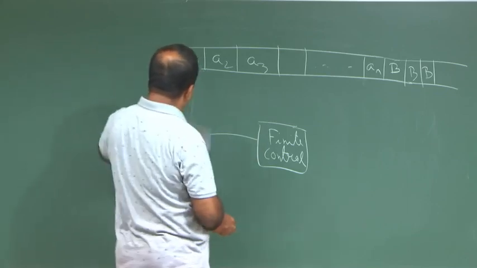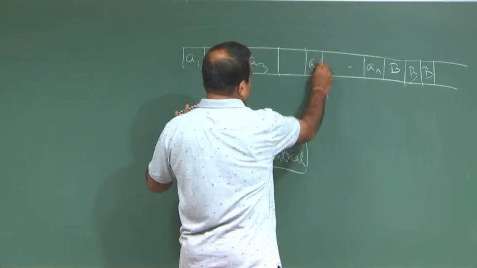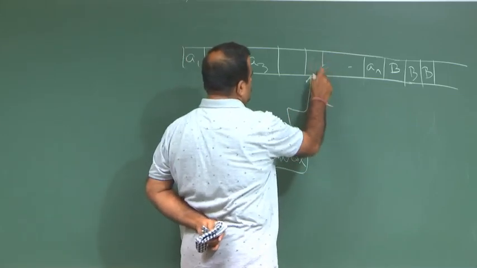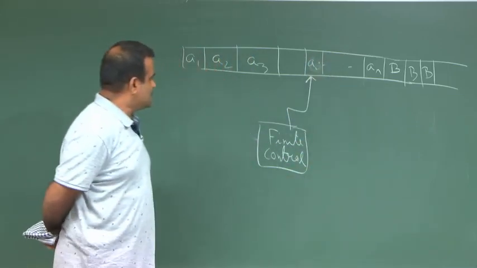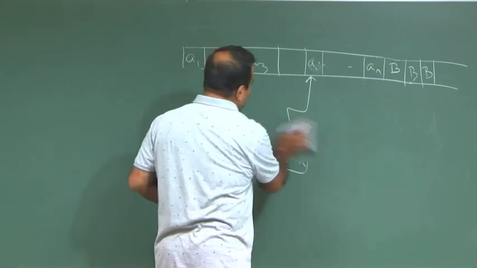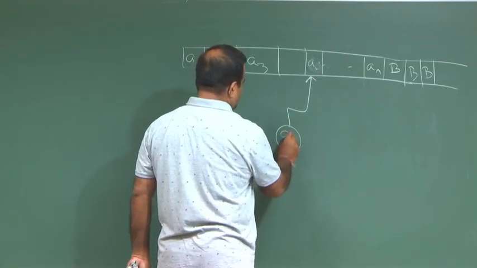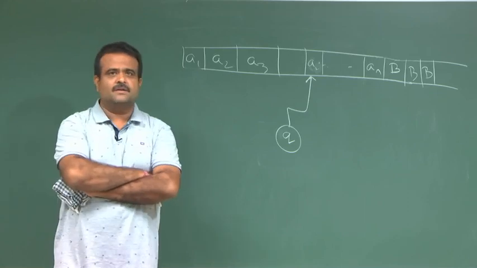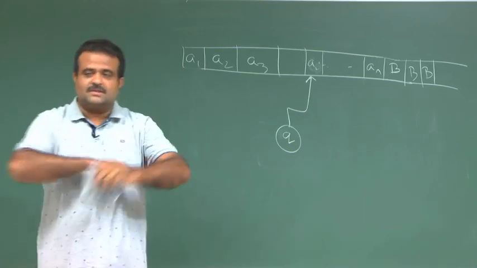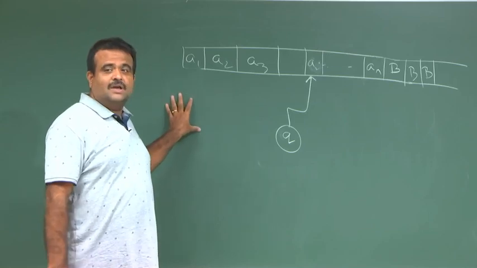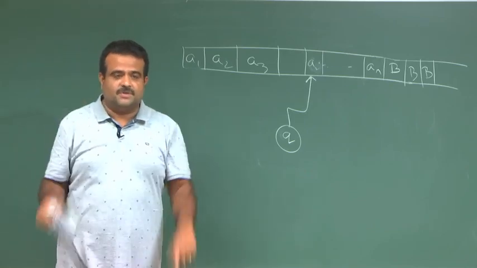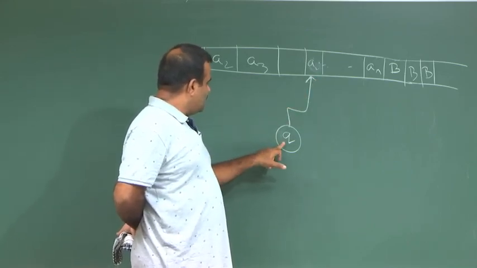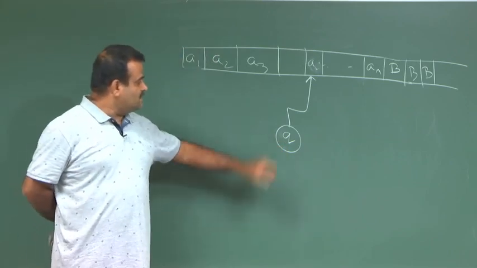At some point of time, say, it is pointing to Ai, and suppose our state is Q. This is a snapshot of this machine. We take a snapshot photo of this machine. So, this is the position: our tape head is pointing to Ai, and our current state is Q.